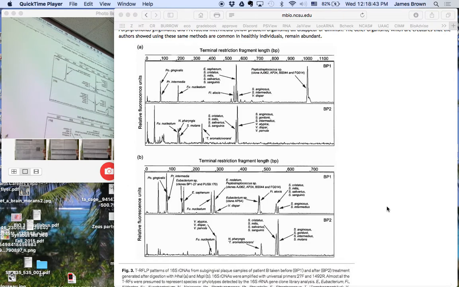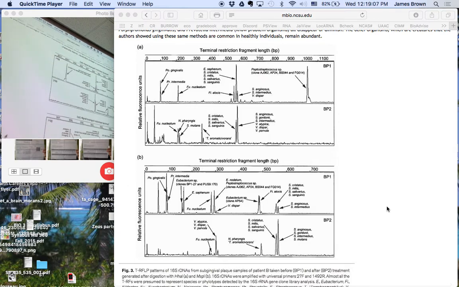If you're careful, you'll see that before and after, Porphyromonas and Prevotella essentially go away. So that's a good thing, right? Whereas Flavobacterium, I don't know what that one is. Strep mutans comes back. That's actually good.